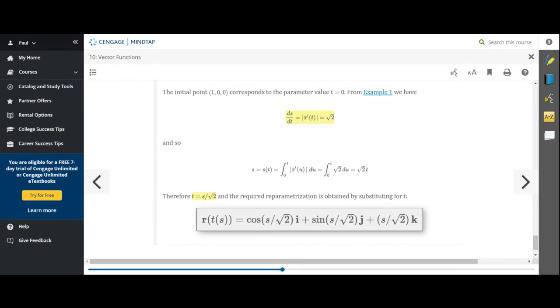Parameterizations for space curves are never unique. It's just like the parameterization for a line in space, where you could have an infinite number of different parameterizations. In this example, they're using a new variable s instead of t, but that's okay.